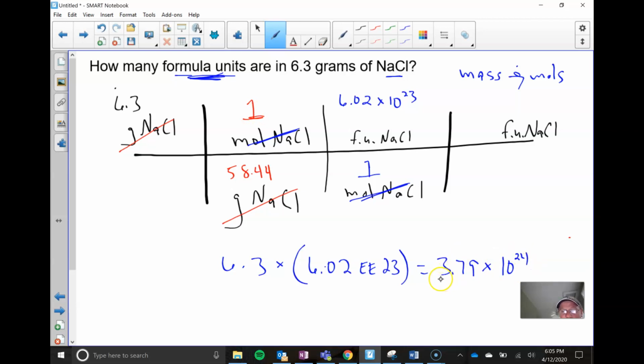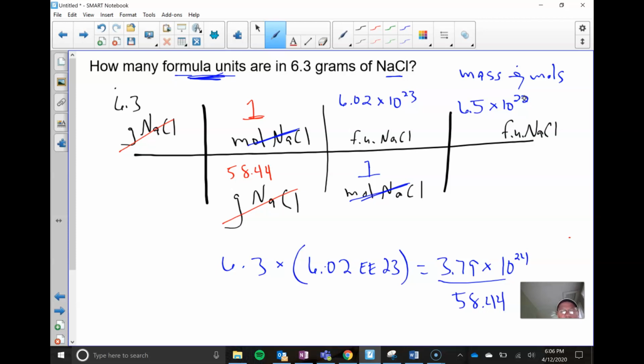Then you take that top number and divide it by what's on the bottom, 58.44. And that gave me an answer of 6.5 times 10 to the 22nd power. Okay. And that wraps it up.